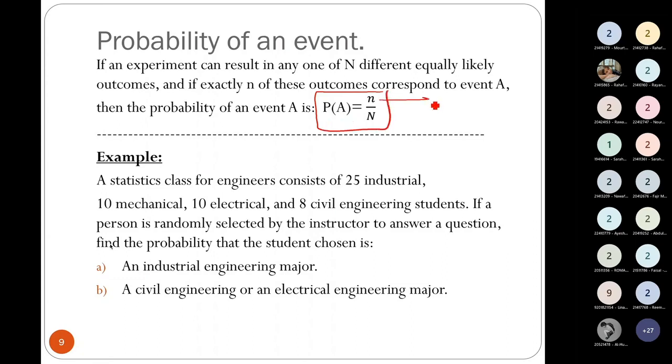This is n small over n capital. n small means the number of outcomes in event A. The capital letter N is the number of outcomes in the sample space.